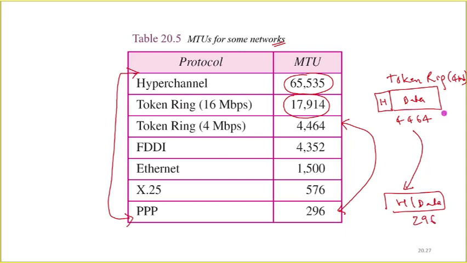If you want to encapsulate this into the PPP protocol, we can't do this because it is larger. So we need to break it into smaller fragments so that it can be accommodated. This is the basic understanding.